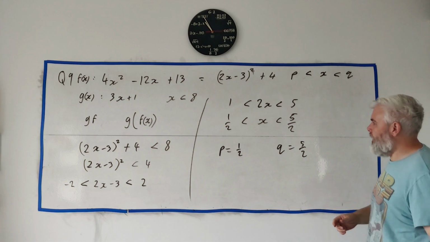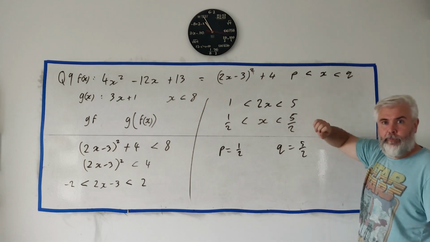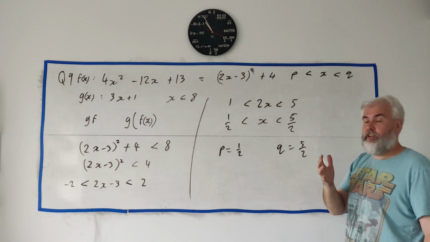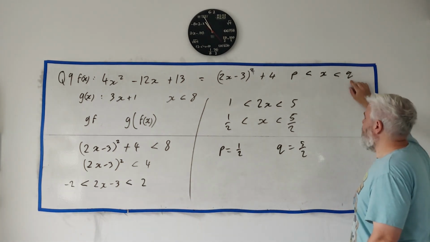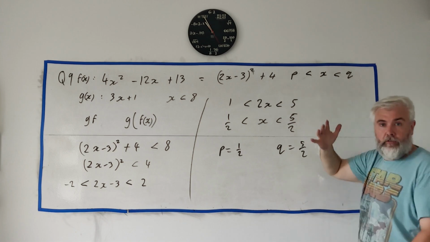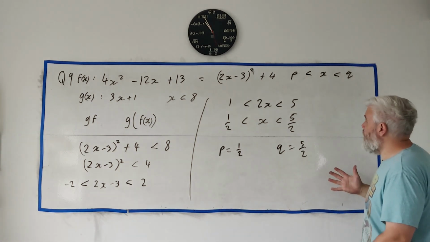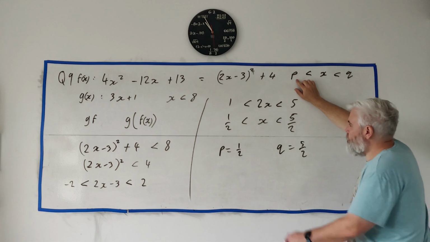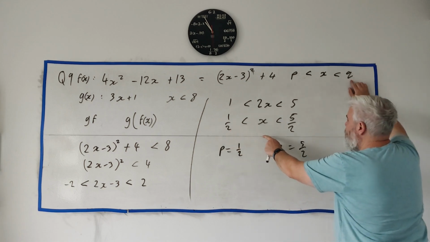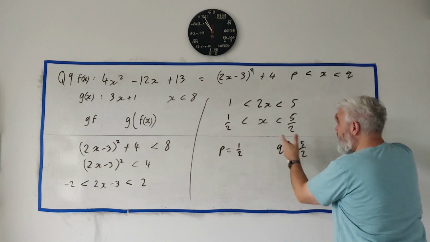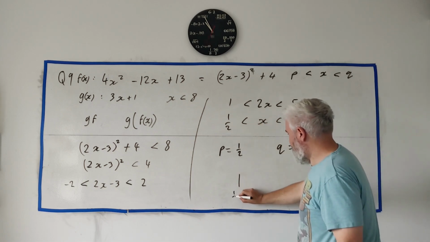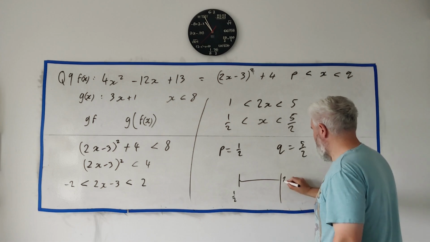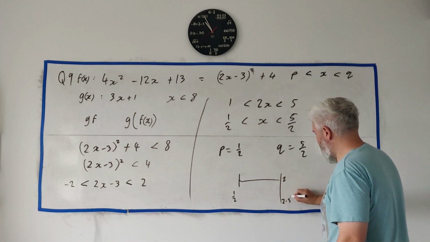For example, if they hadn't said minimum and maximum and they said give a possible value for P, well, P could have been 2 and Q 2.4. You know, that would have worked. P could have been just bigger than a half and Q a little bigger than that. Just to draw this out, this is a half and 2.5.